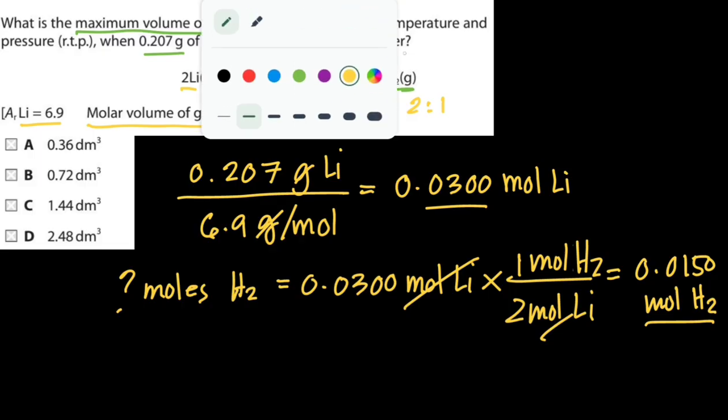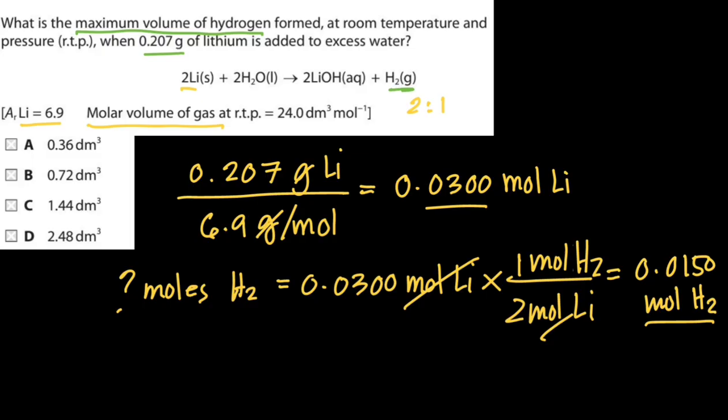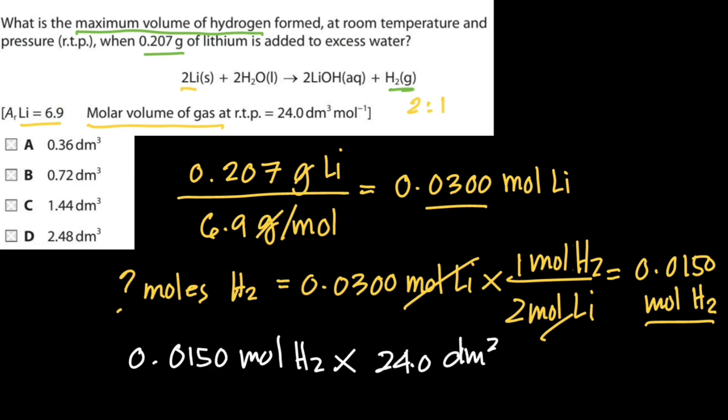So we will just multiply 0.0150 mole hydrogen times the molar volume of the gas, which is 24.0 cubic decimeters per mole.